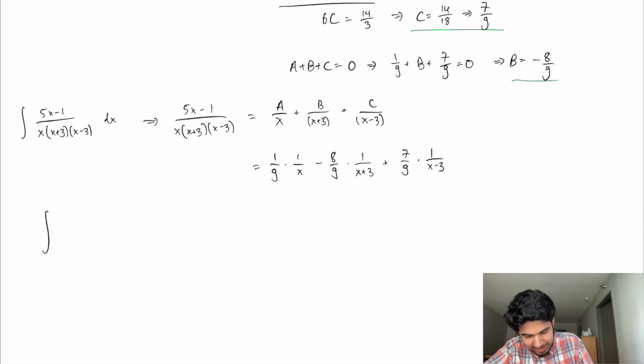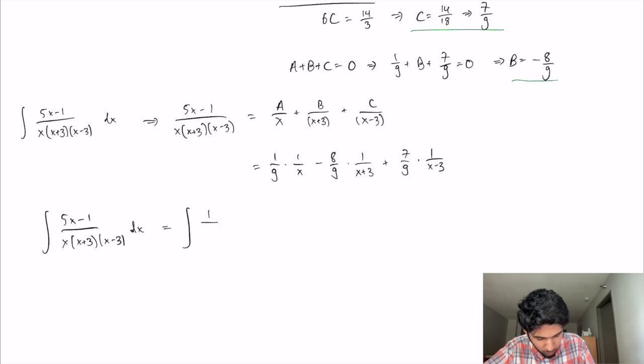Which means this integral, 5x minus 1 over x times x plus 3 times x minus 3 dx is equal to the integral of 1 over 9x, I'm just combining these together, minus 8 over 9 times x plus 3 plus 7 over 9 times x minus 3.